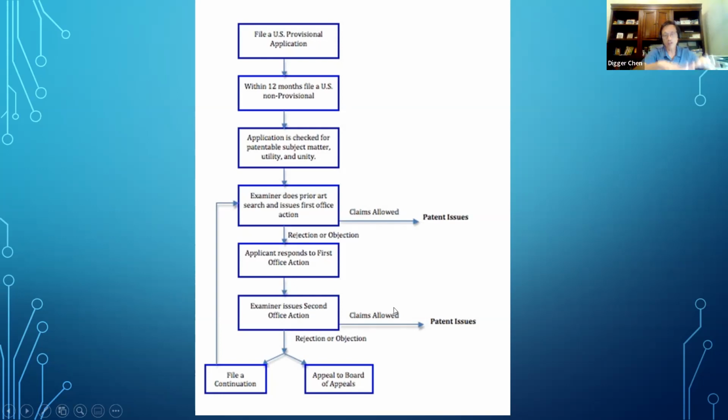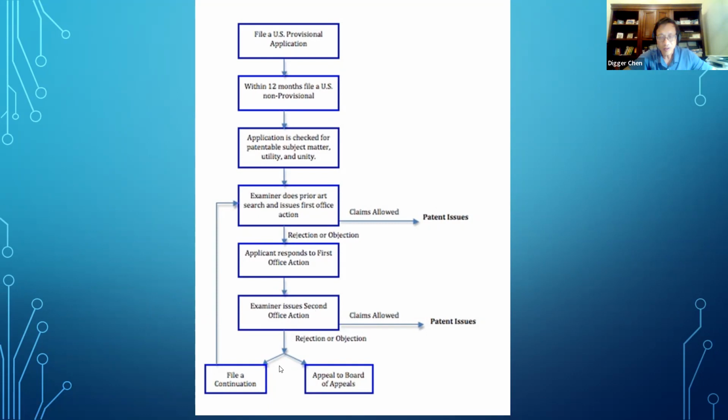There are all these procedures. You can respond to the rejection or objection, you can file, you can appeal, you can do a lot of things to make your claims allowed.